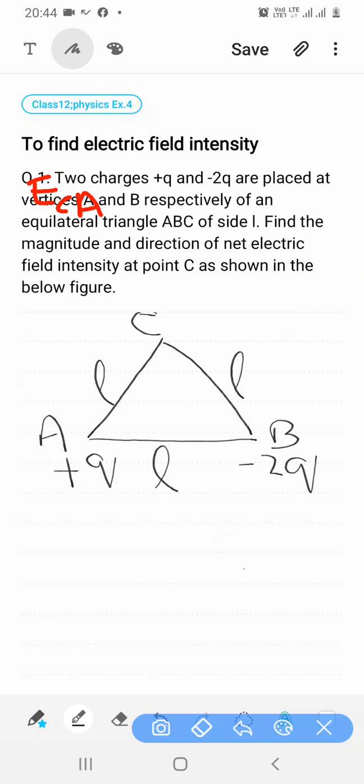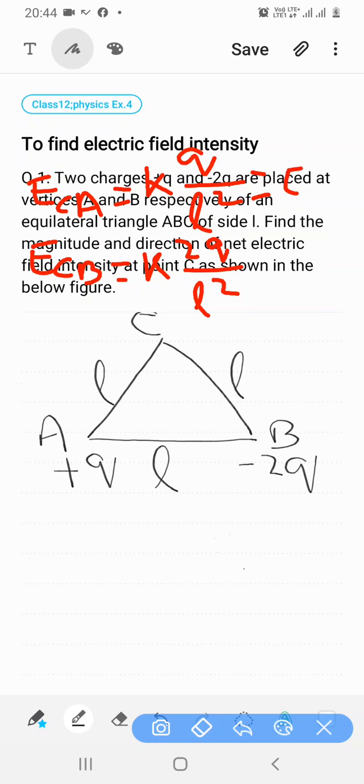So ECA is equal to 1 upon 4 pi epsilon naught into charge q upon distance square, that is I write here kq by L square, and ECB is equal to k times mod of charge at B, minus 2q, upon L square. See here, I put ECA is equal to E, so ECB will be equal to 2E.